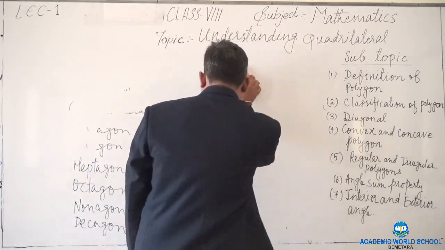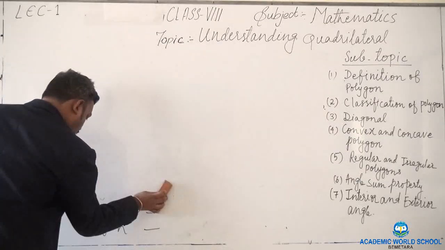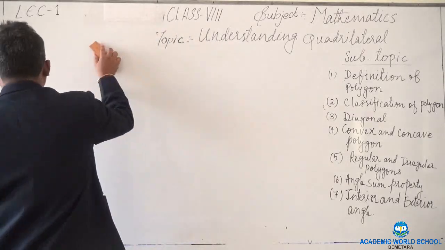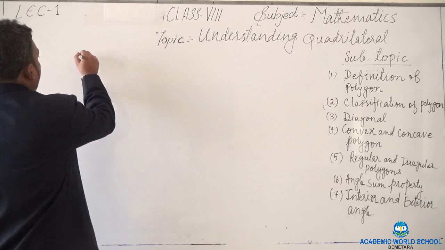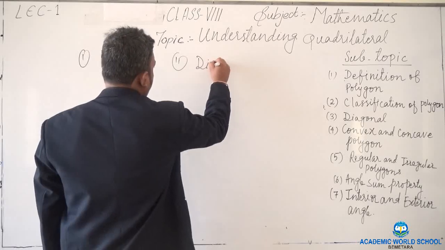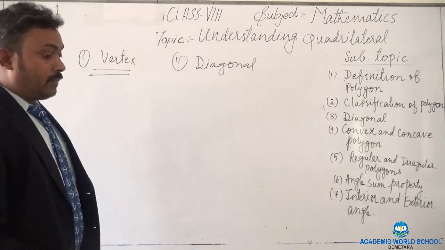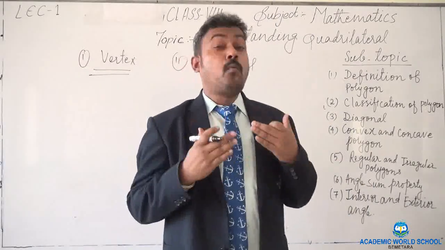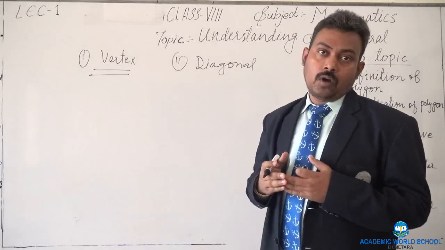Now, each polygon has two important elements. One is the vertex, another is the diagonal. We have already studied about the vertex. A vertex is a point where two line segments meet in a polygon.